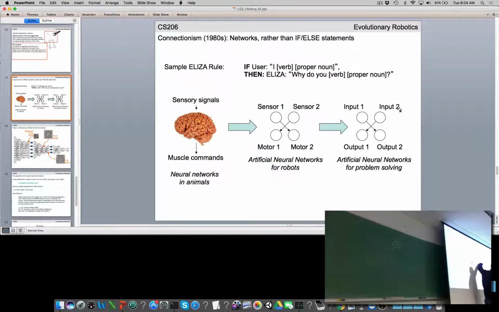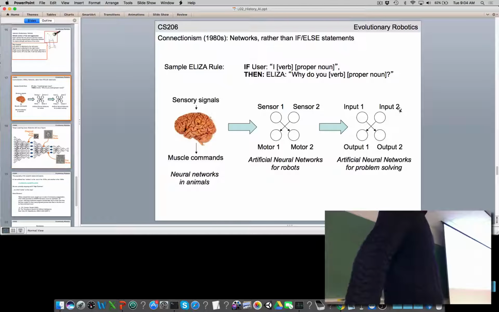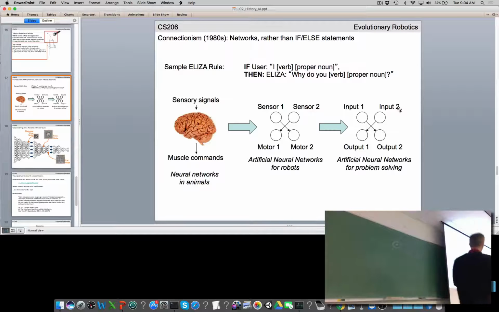The sensor values arriving here are passed from one neuron to another along what Braitenberg would call a wire, but we're going to start calling synapses now, connections between neurons. In a complex neural network like this one, you have lots of interconnections between neurons, and all those interconnections, for our purposes for the moment, are just a transformation of a vector of values. If you think of all the values arriving here as a vector, it's transforming them into a new vector.